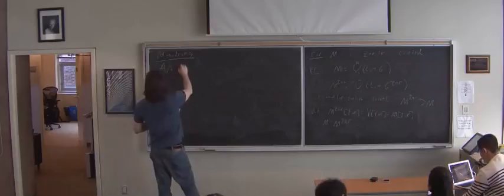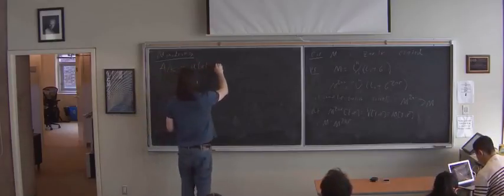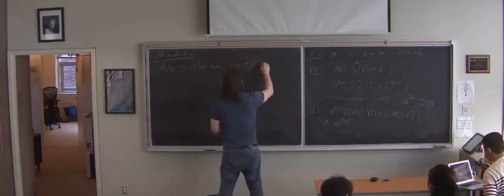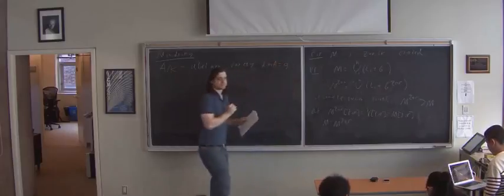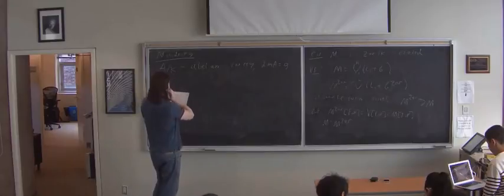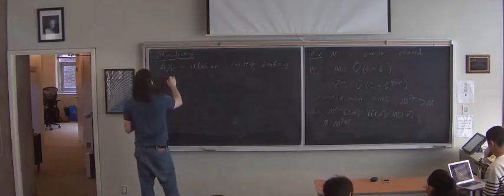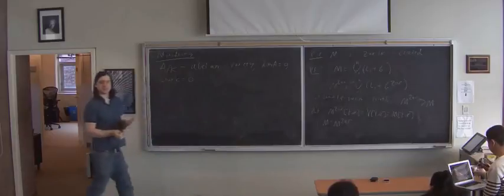So let A over K, where K is any field, be an abelian variety of dimension g. Let's assume the characteristic of K is 0 for now.